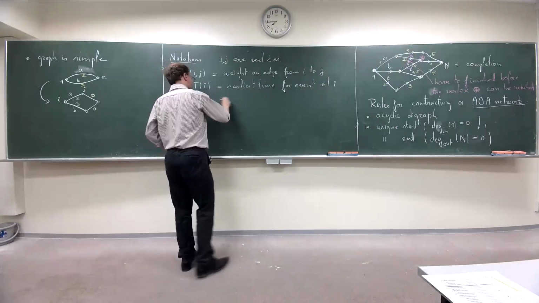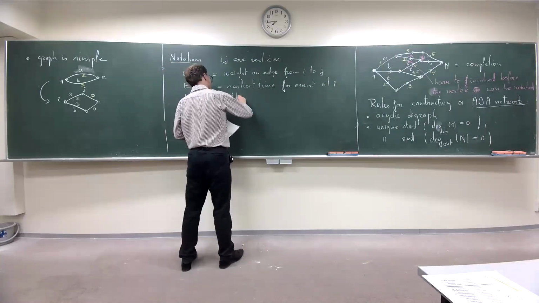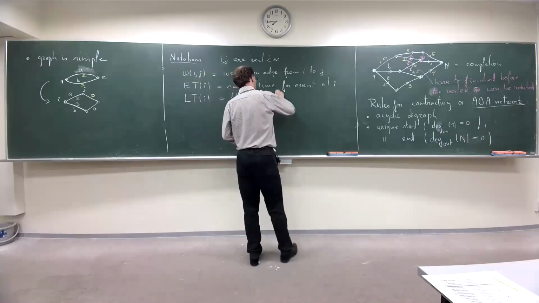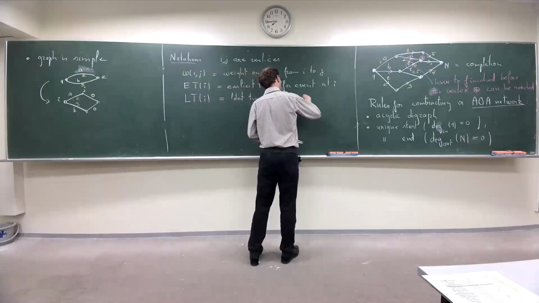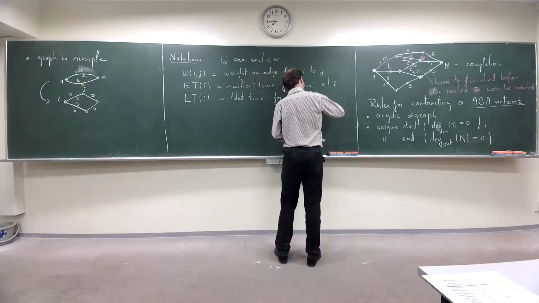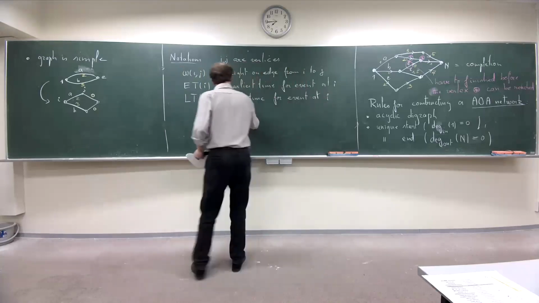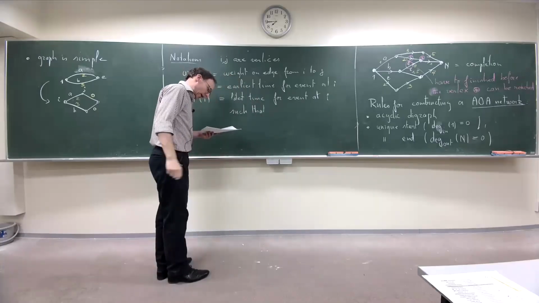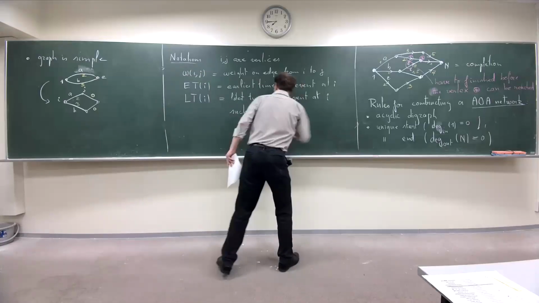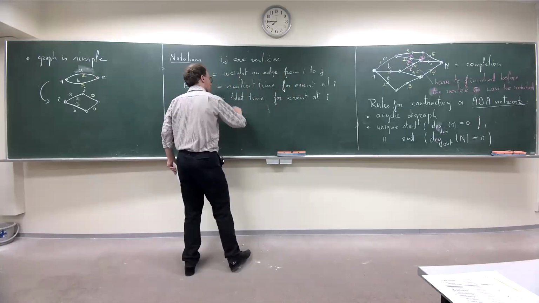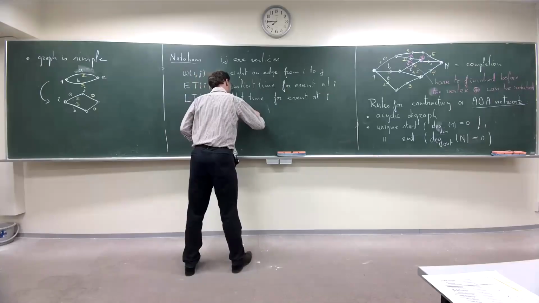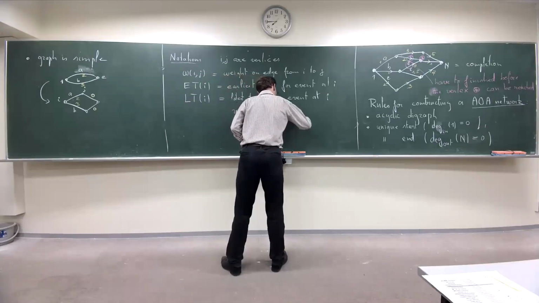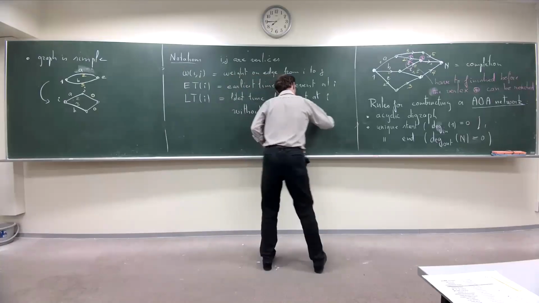And LT, these are just definitions. LT is the latest time. Latest, it's slightly more complicated. The latest time for the event at I, such that, so there is one more condition, without delaying the project.